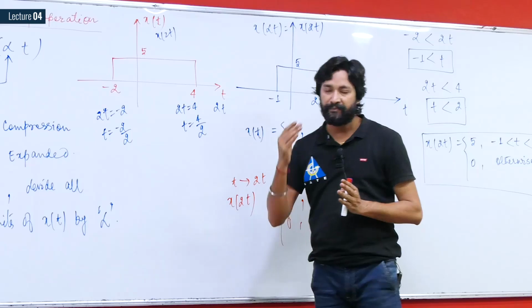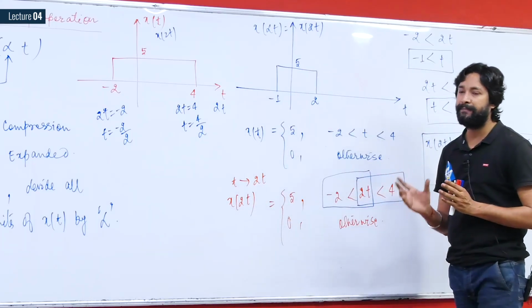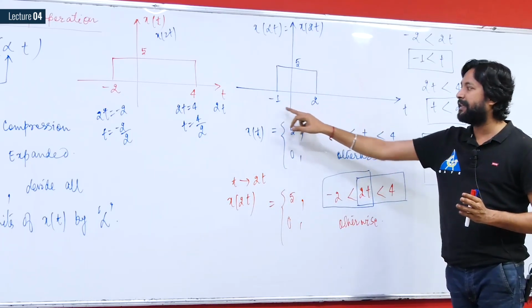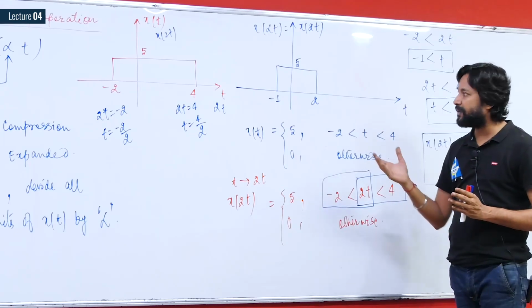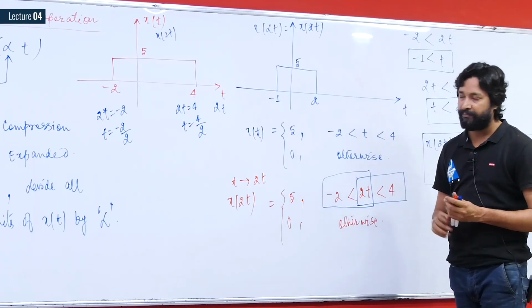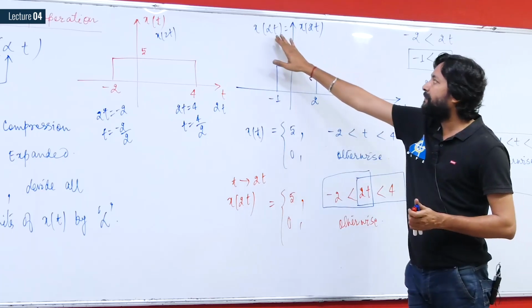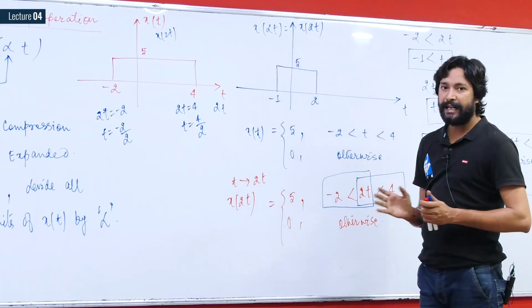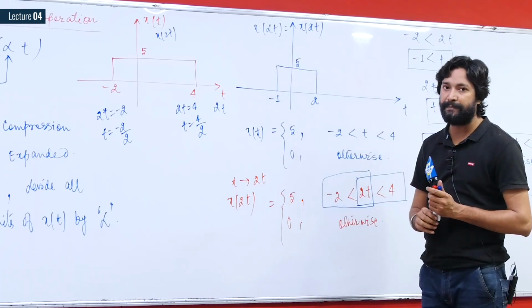If the signal was earlier existing for 6 units of time and now it is existing for only 3 units of time, therefore you can say that compression of the signal is occurring. So whenever the value of alpha is greater than 1, compression of the signal will take place.